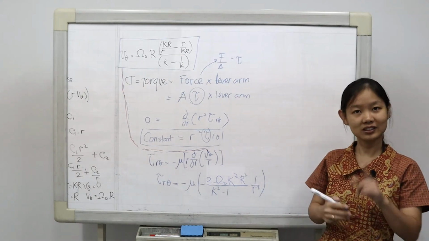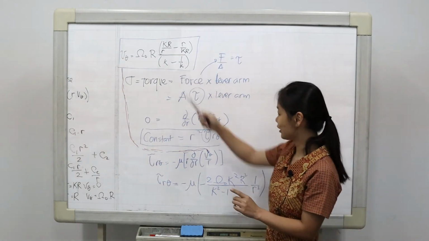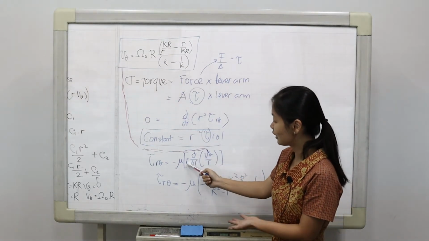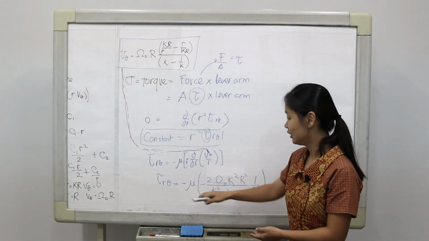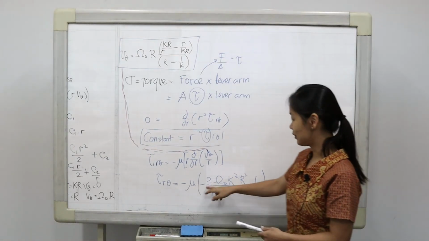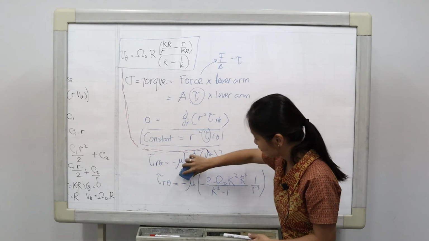So at the end, after you substitute the phi theta equation here, do the differentiation, times the r times the minus mu, this is what you will get. We have minus minus, so I just erase it and put positive.